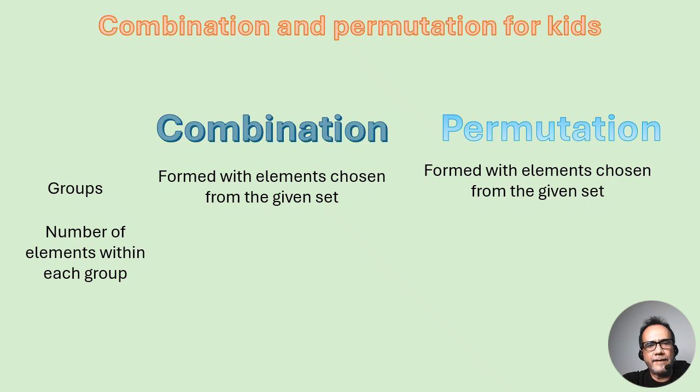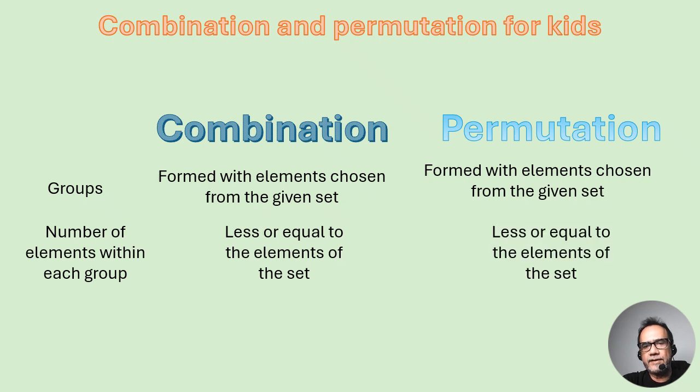What about the number of elements within each group? They can be less than or equal to the elements of the set. And the same happens with the permutation. What about the order of the elements in each group? In the case of the combination, it doesn't matter. And in the case of the permutation, it matters.